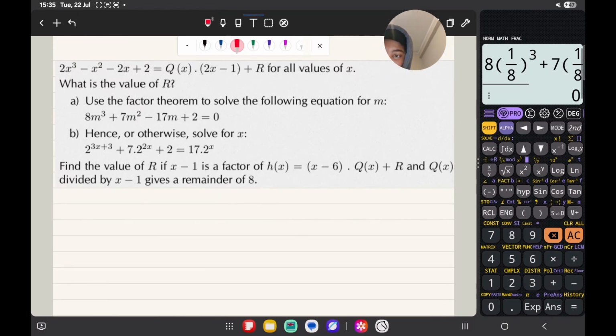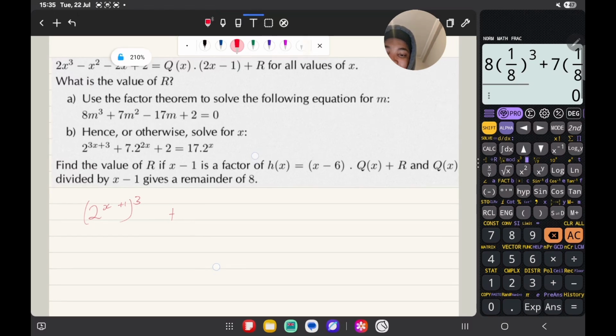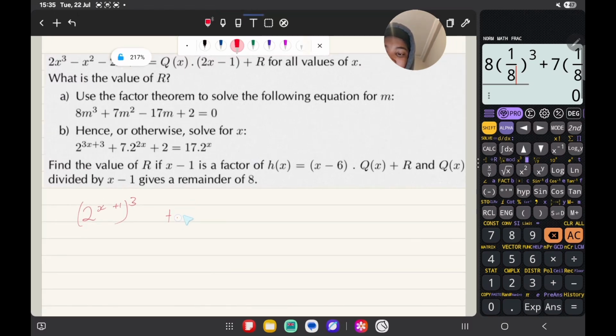Let me write x plus 1 raised to the power of 3, plus 7, and then 2x.